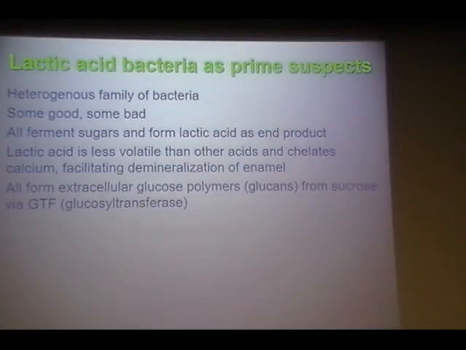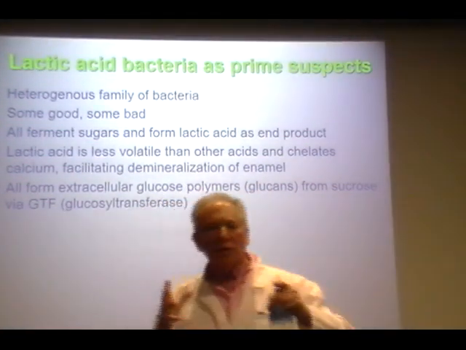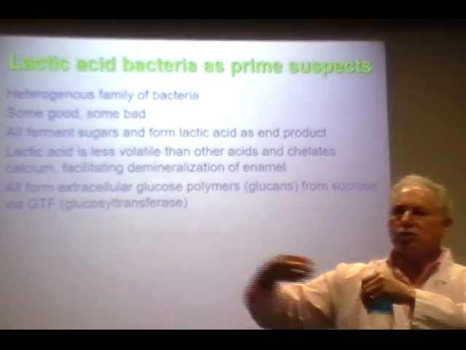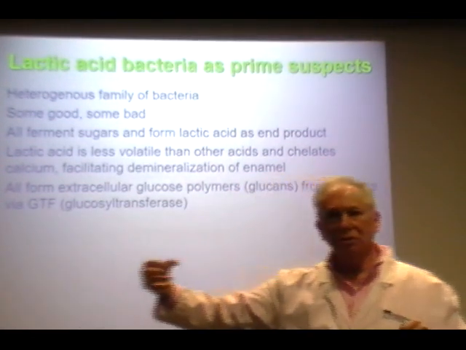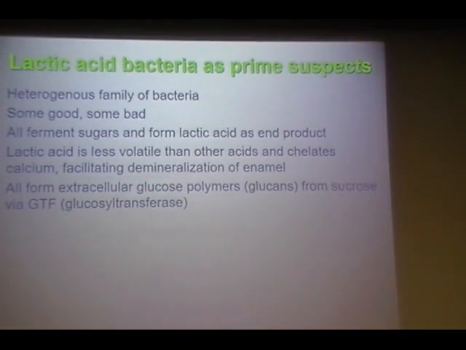Now, this is an important point. They all form these extracellular glucose polymers called glucans. They all have the ability to generate this network of strands of glucose or strands of fructose outside of their domain that other organisms readily bind to.